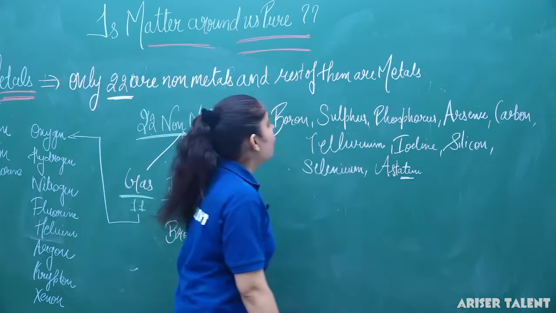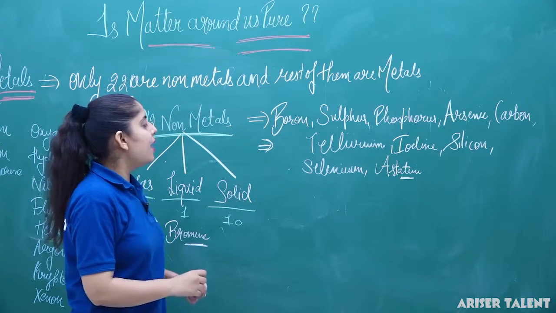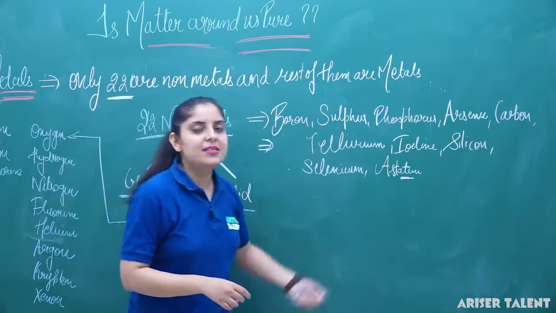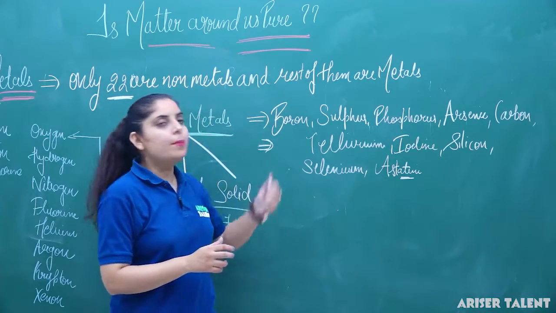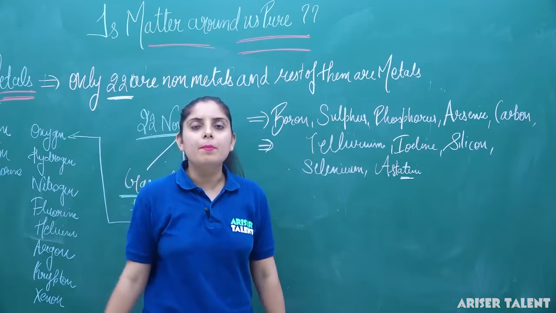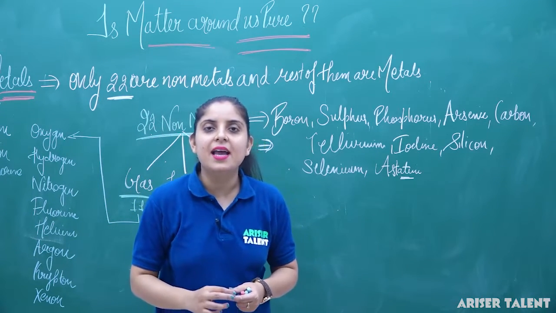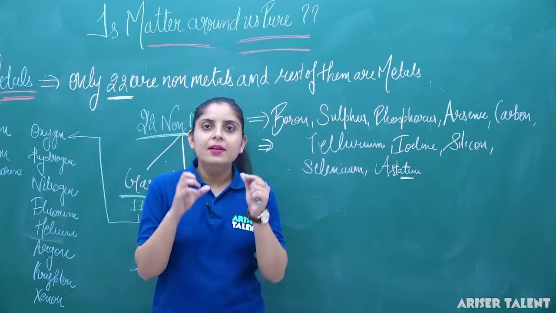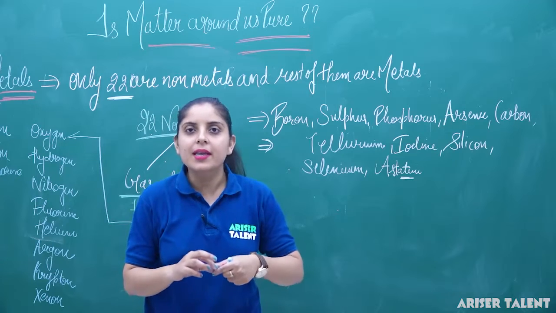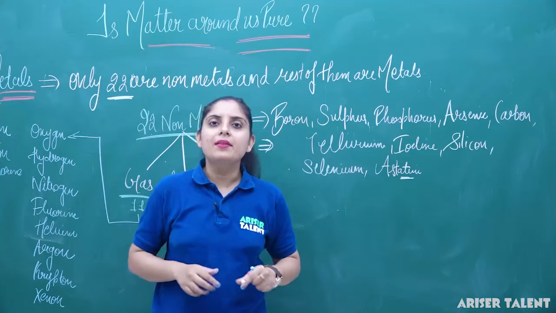Clear? So, boron, sulfur, phosphorus, arsenic, carbon, iodine, silicon, selenium, tellurium and astatine are the non-metals which are in the solid state. So, there are 22 non-metals, categorized as one liquid, 11 gases and 10 solids. Clear? And the rest of them are metals only.